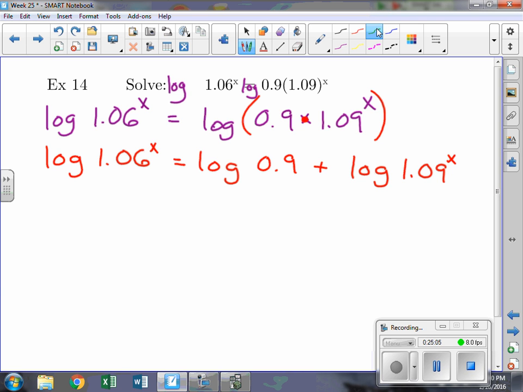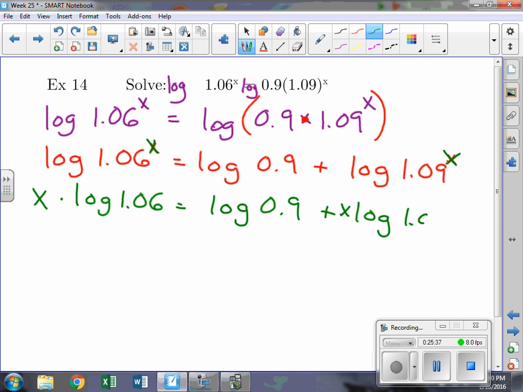From here, we should recognize powers. If the exponent of x is in two locations, we can apply the power rule to both of them. x times the logarithm of 1.06 equals the logarithm of 0.9 plus x times the logarithm of 1.09.